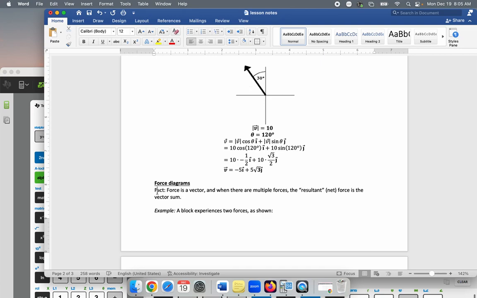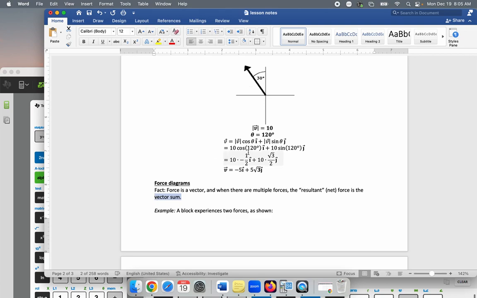It is also true that if there are multiple forces acting on the same object, so say an object is being pushed around on the plane, and there are different forces acting on the object with different magnitudes and different directions, the resultant force, that is the net force, which is the force which results from all of these separate forces acting together, is in fact the vector sum.